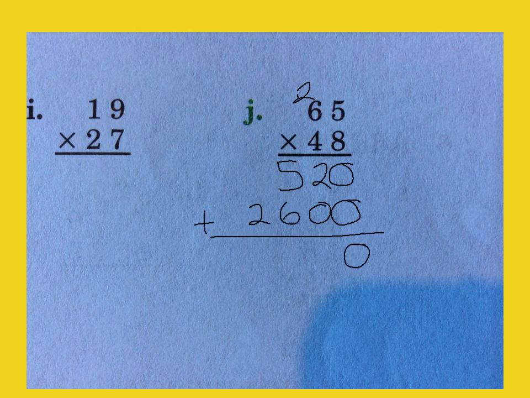Add them up. And with your comma, we get 3,120.